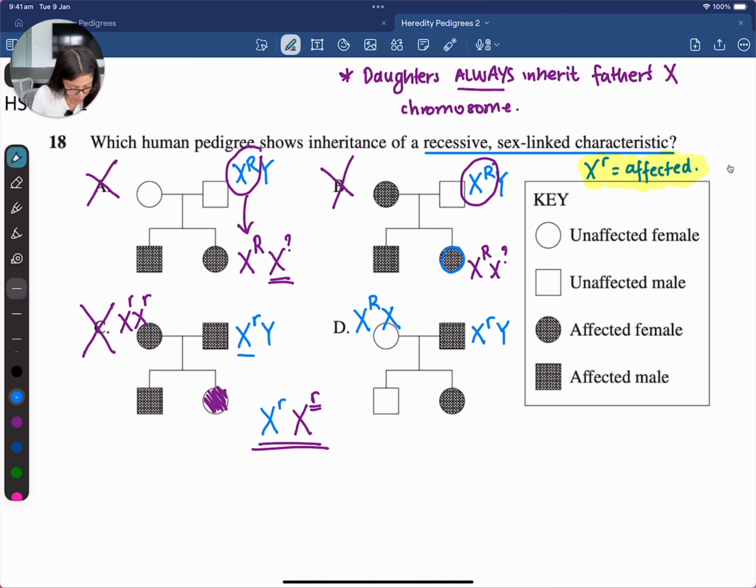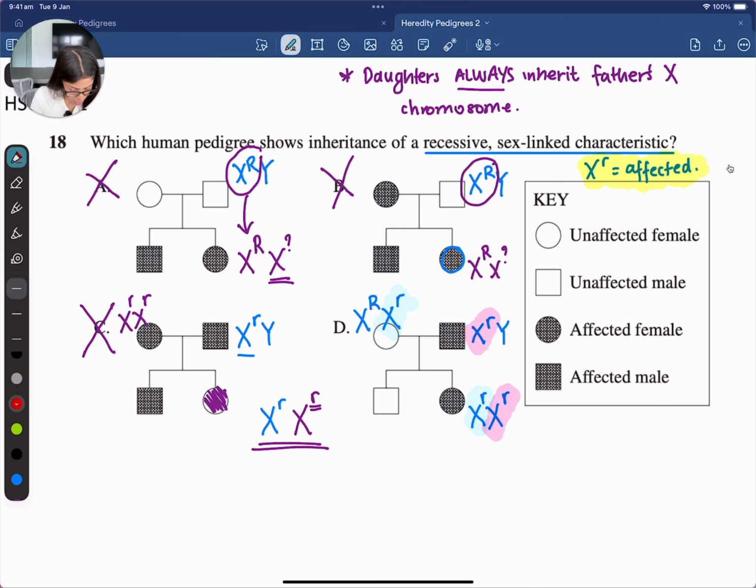The daughter is affected, so she's going to have XX, little r, little r. Now we already know that this X chromosome from the father, that daughter will definitely be inheriting that. So that only leaves us with the possibility that the other X chromosome is coming from the mother. So now we've been able to determine what the mother's genotype is going to be like.